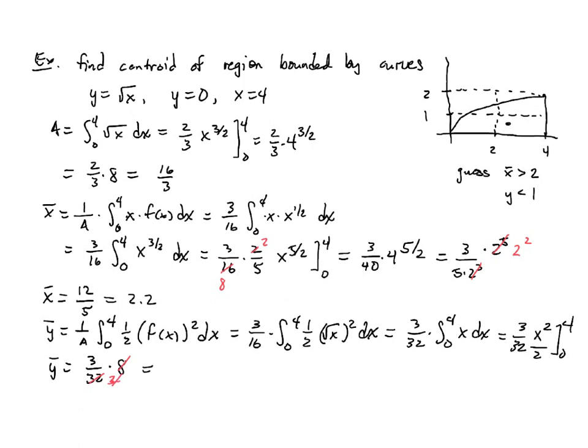So we end up with y bar equals 3/4, or 0.75, which is slightly smaller than 1, as we predicted. So in the end, our centroid is the ordered pair x bar, y bar, which is 2.2 for the x-coordinate and 0.75 for the y-coordinate.